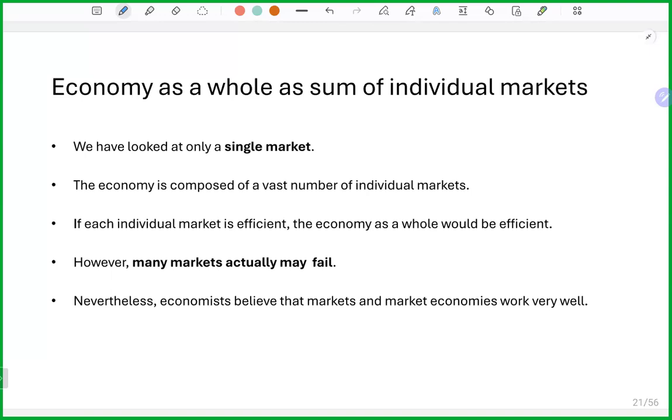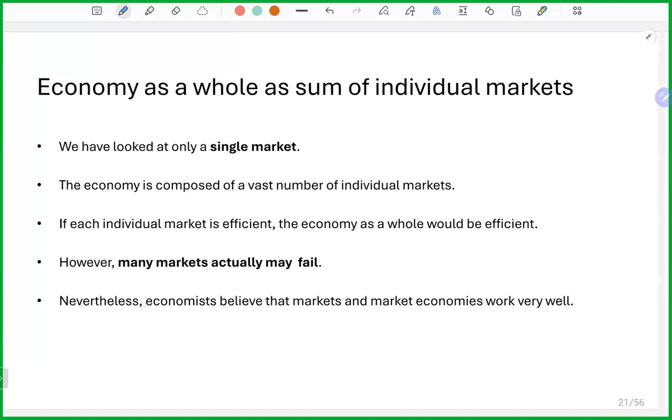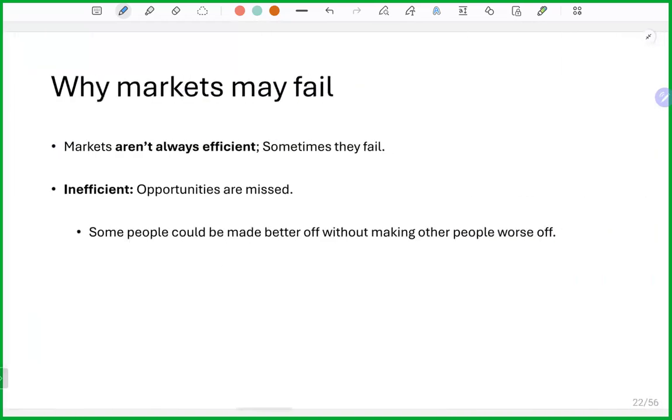So too much of this steel is produced when people ignore the pollutant costs. This way, markets can fail. Then markets fail to achieve the outcome that is best for the society as a whole.